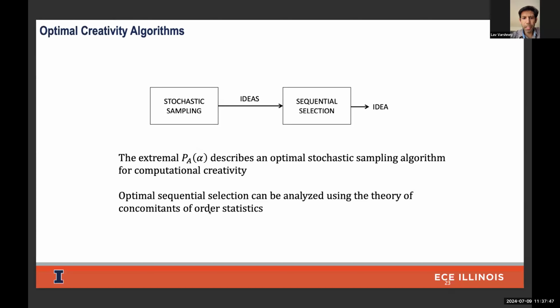And so one can actually use that as an inspiration for building very practical creativity algorithms. And so that's, again, a very compelling aspect of modeling creativity in this way, is you get insight into designing good creativity algorithms. And that's another thing we're working on. Okay, next.